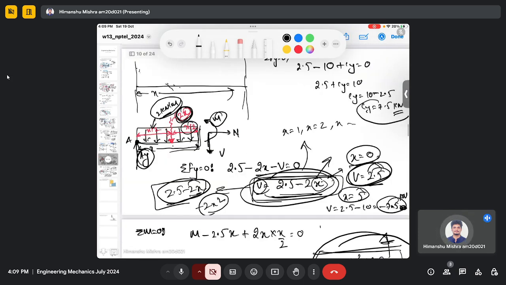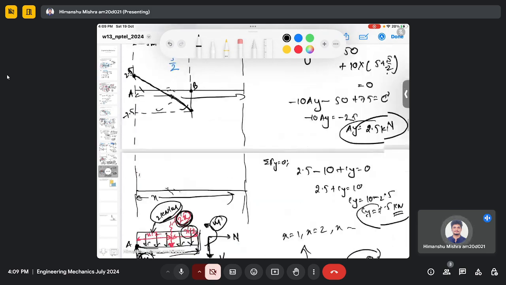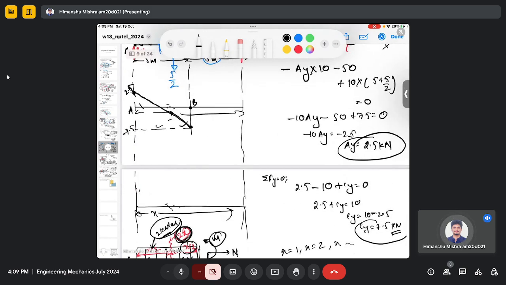After point B we found it's minus 7.5, and it's constant. Once it reaches minus 7.5 at B, after that it stays constant. So this is your shear force diagram.